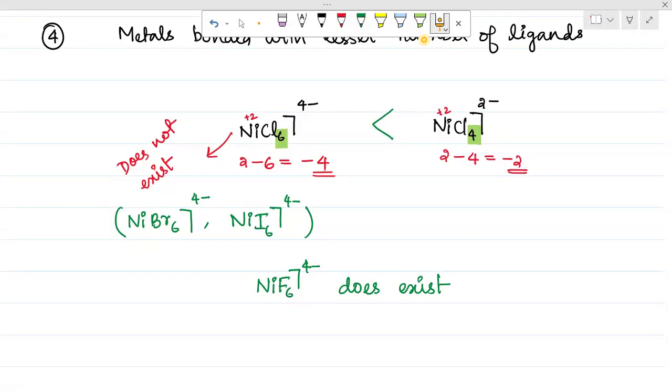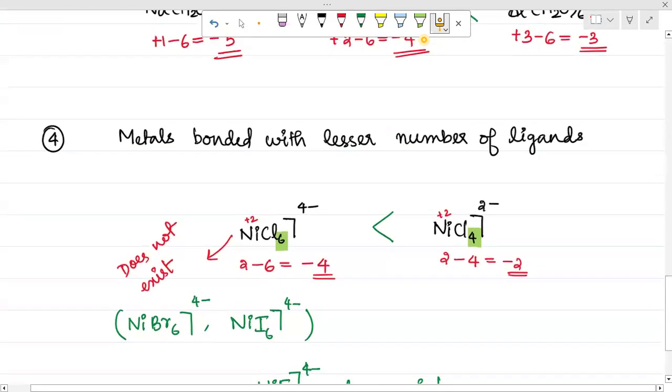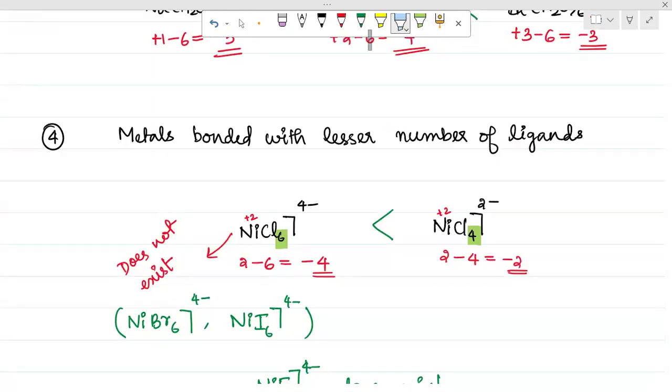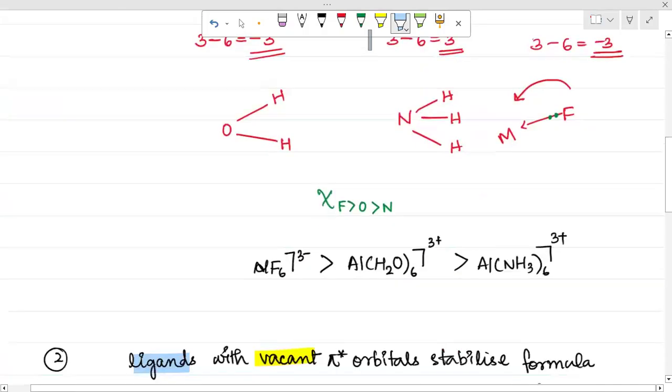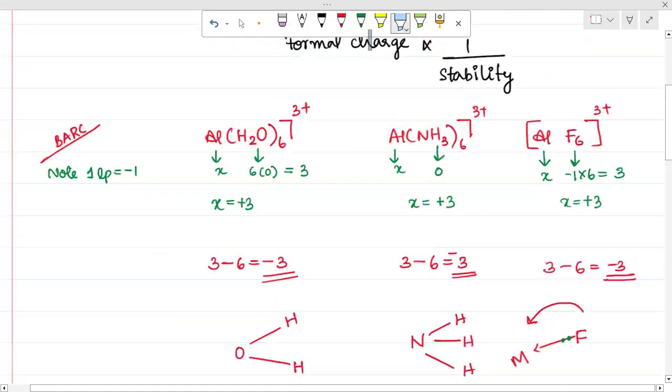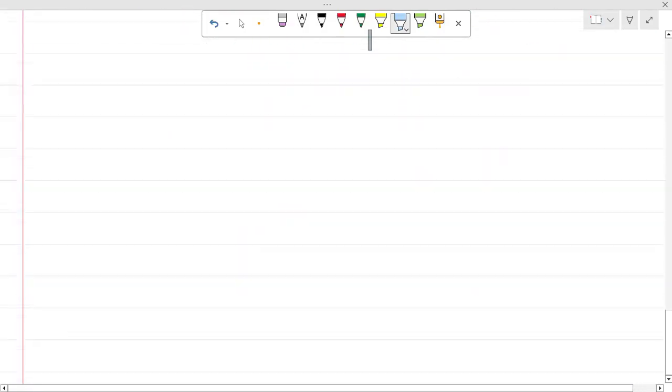It does not accumulate charge on the nickel to the extent that chloride, bromide, or iodide does. So NiF6 4 minus is there, but the others are not. These are all simply explained based on the electroneutrality principle. So we have discussed 4 parameters, 2 with respect to the metals and 2 with respect to the ligands. Very easy. Questions have been asked 2 to 3 times.